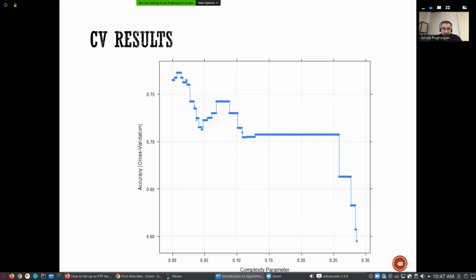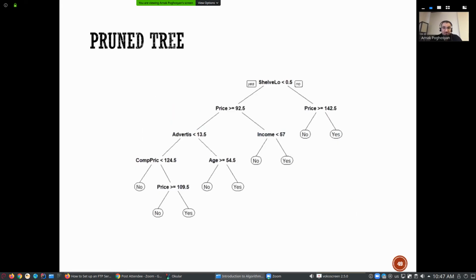This says how to select the right size for the tree, because with the corresponding complexity parameter you are taking one of the subtrees. For this subtree, we have a smaller decision tree, which is trying not to overfit our training set.